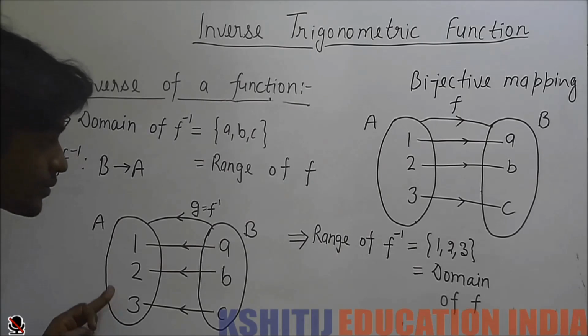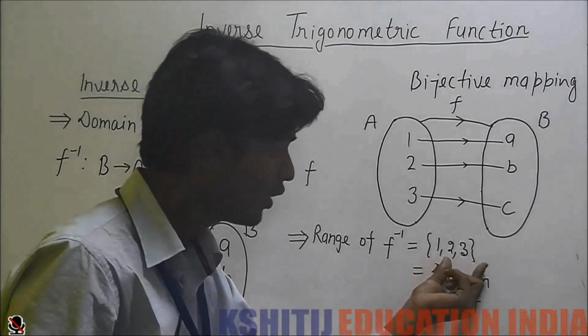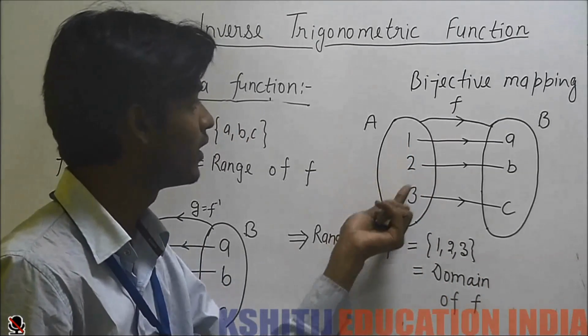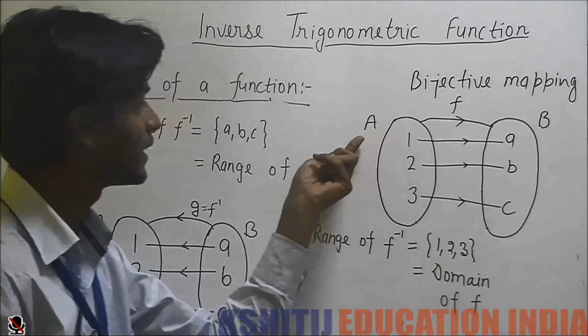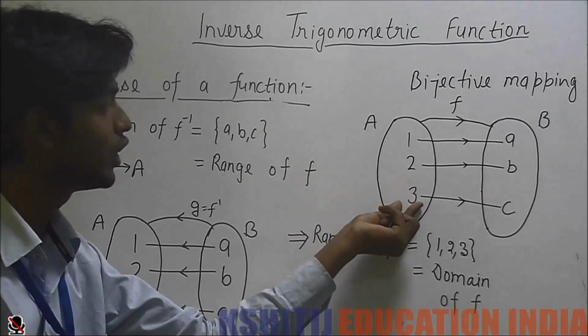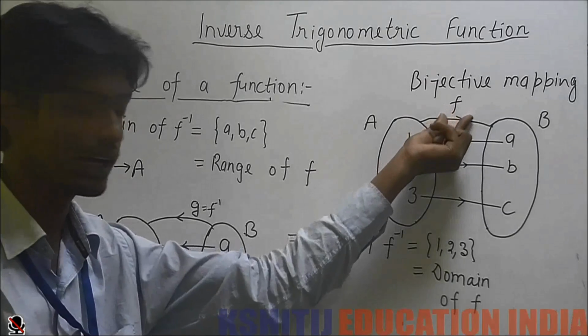Is it clear? And 1, 2, 3 are the domain of the function f. The set A contains the elements 1, 2 and 3, which is the domain of the given function f.